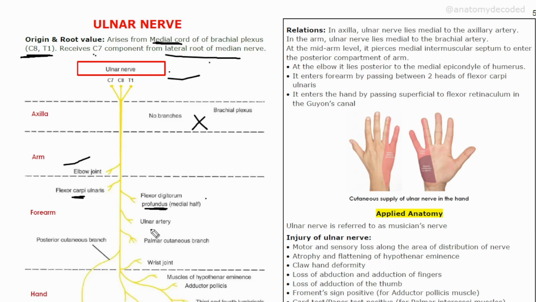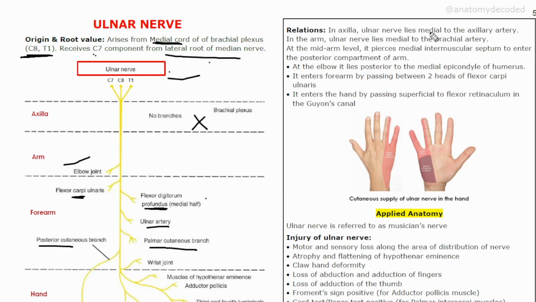Then a branch to the ulnar artery, a cutaneous branch which goes towards the palm called the palmar cutaneous branch, and also a posterior or dorsal cutaneous branch. So this is a general idea of how the ulnar nerve passes from axilla to the arm and forearm, and we will just see the relations as well.